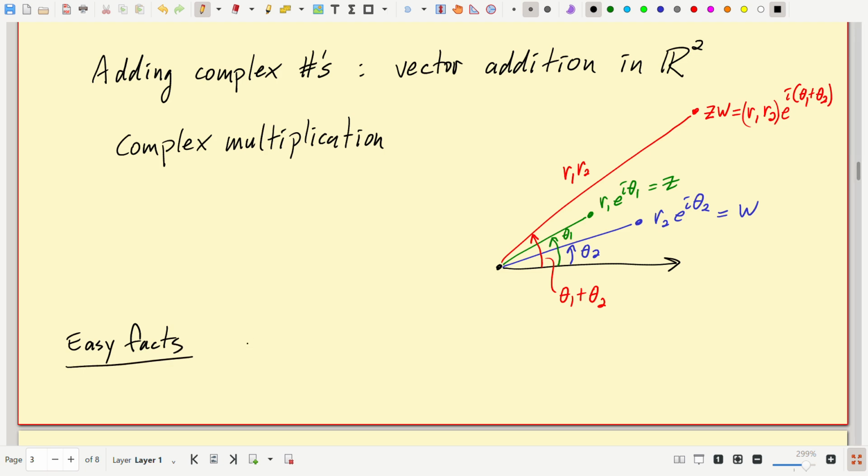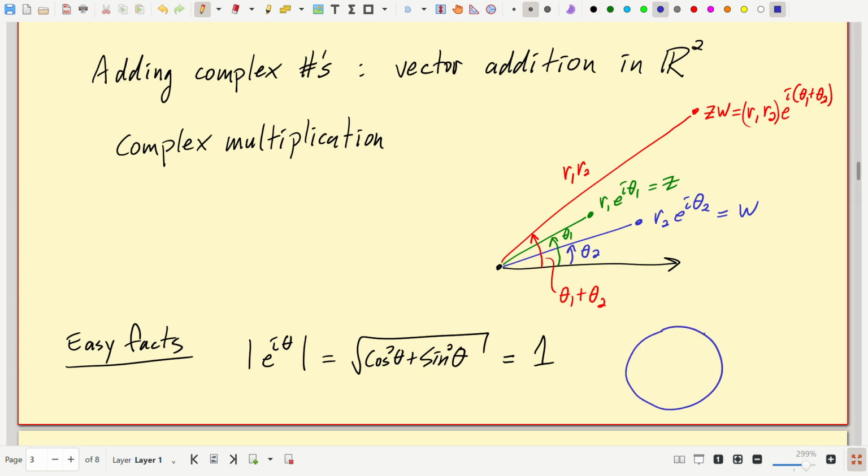Let's see, it's easy to check that the modulus of e to the i theta, of course, would be the square root of cosine squared plus sine squared. So e to the i theta is a point on the unit circle. And in fact, here's e to the i theta on the unit circle.